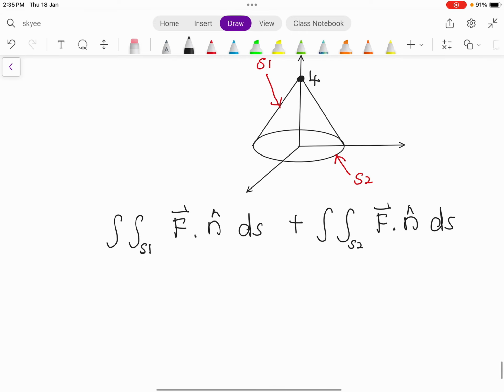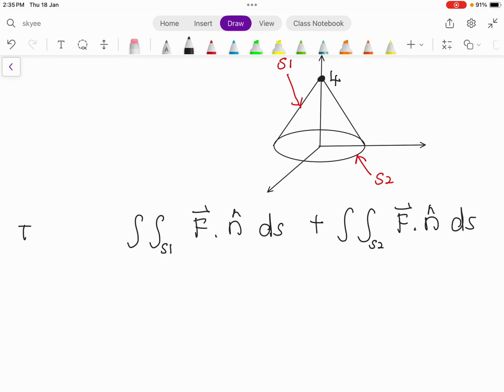You have to do the two parts in order to find the total flux of water. So you have two surfaces, clear? F is not the question. Now it is the n you need to find.